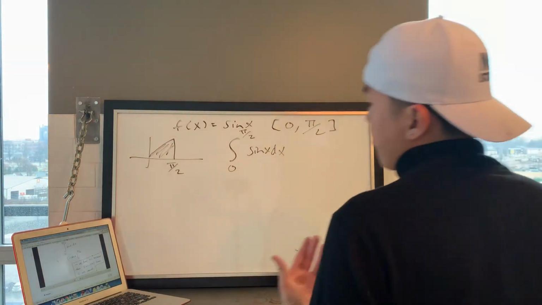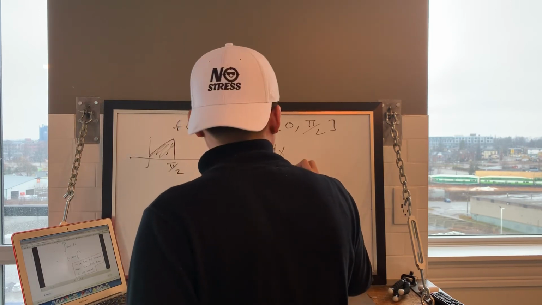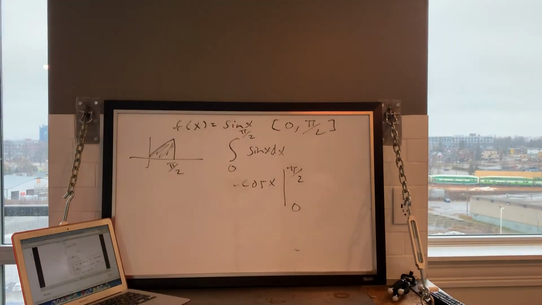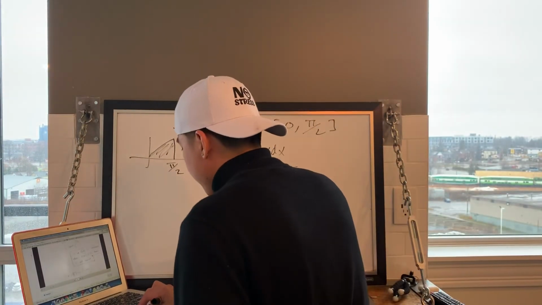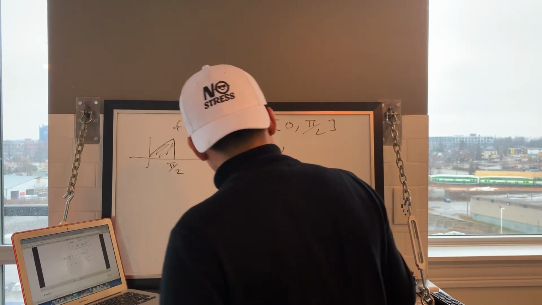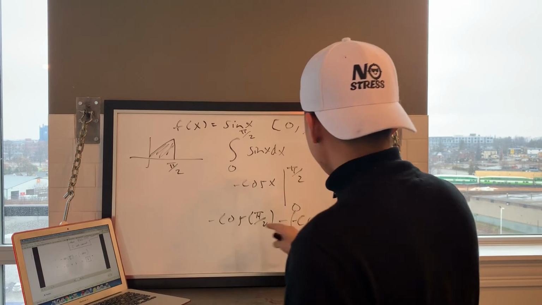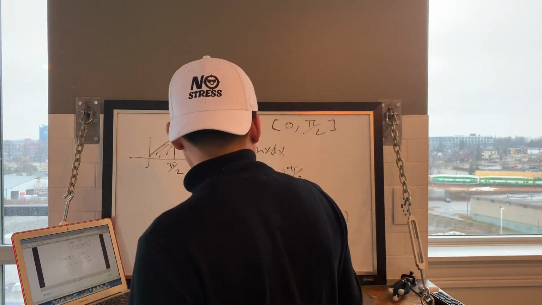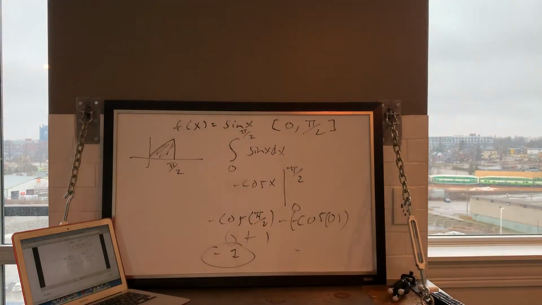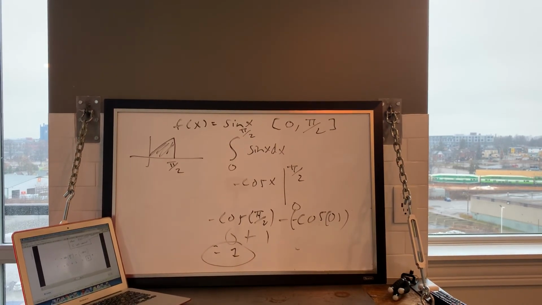And if I integrate that, I would just get negative cos of x, the upper bound, the lower bound right there, and you evaluate, right? So I would just do something along the lines of negative cos pi over 2 minus, well, minus cos of 0. That would be plus, essentially. So I have 0 plus 1, which equals 1. So the area underneath from 0 to pi over 2 under that curve would indeed be 1. That's how you solve that problem.